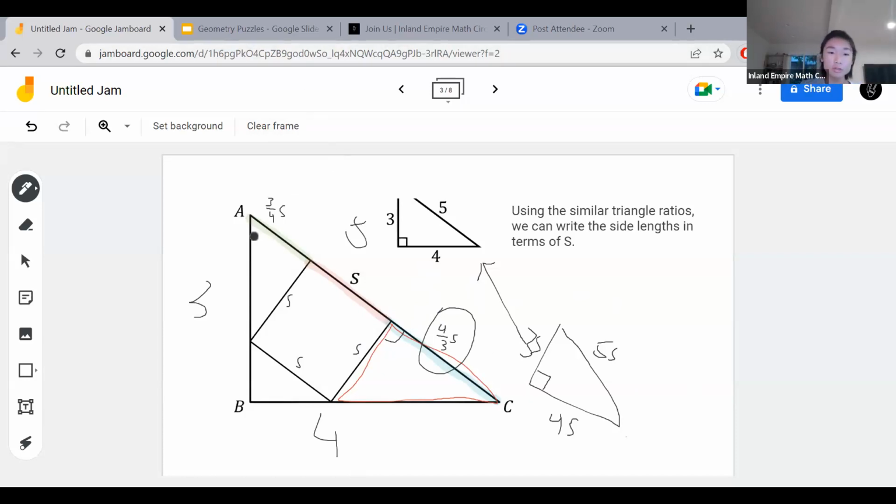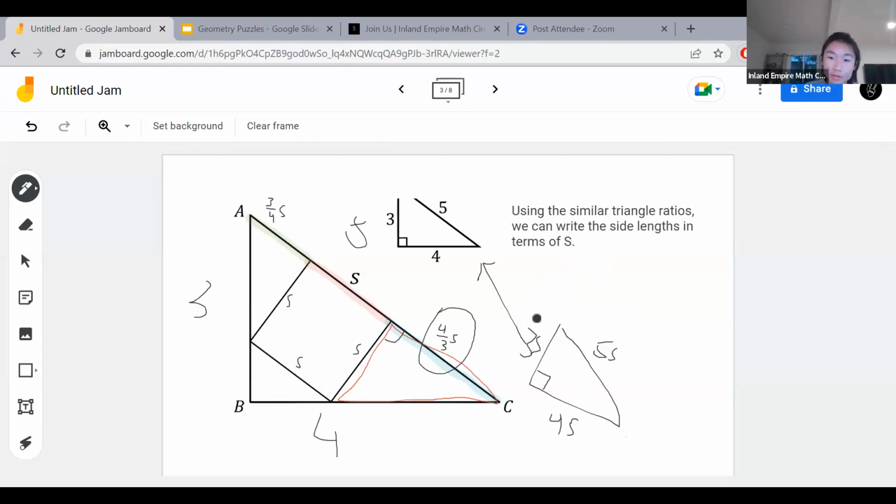Alrighty, so we multiplied all these sides by S, right? And this is a variable. But now we want to write this as simply just a singular S, right? But now here it's 3S. So what can we do to all the sides? Remember, whatever we do to one side, we must do to all the sides because we want to keep this triangle similar. So to get from 3S to S, we simply divide by 3, right?